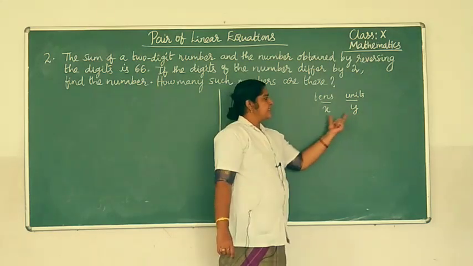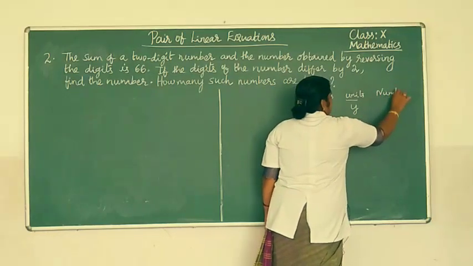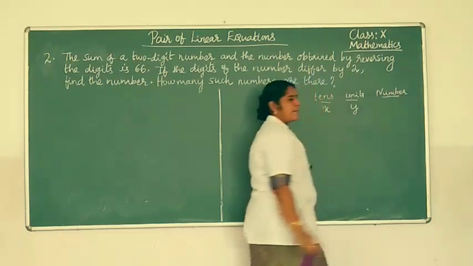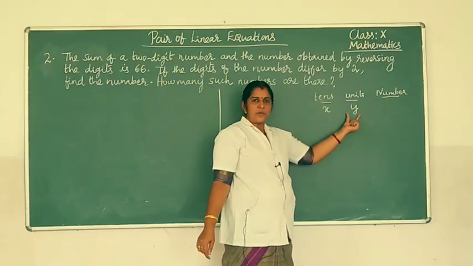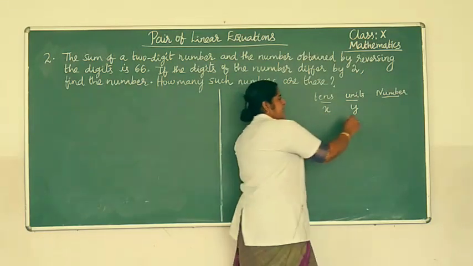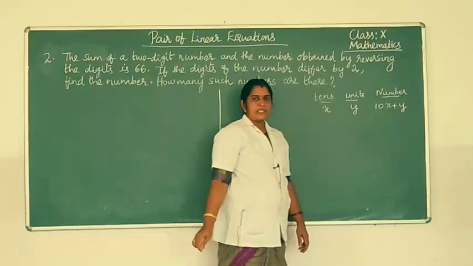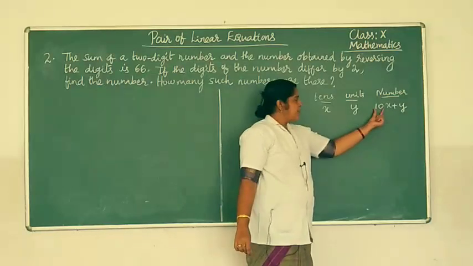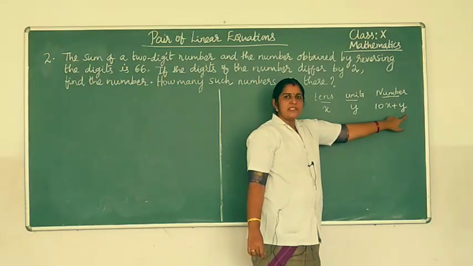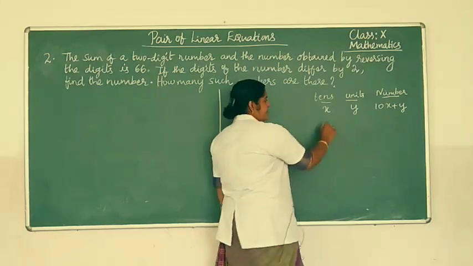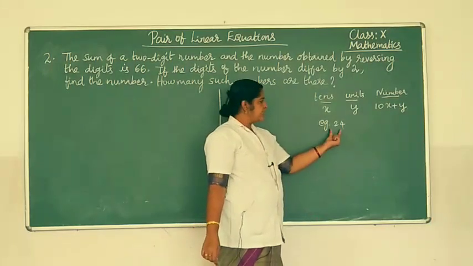So if this condition is true, then how do we write the number when we consider the tens place as x and the ones place as y? It is 10x plus y. Understand? For example, the number 24.